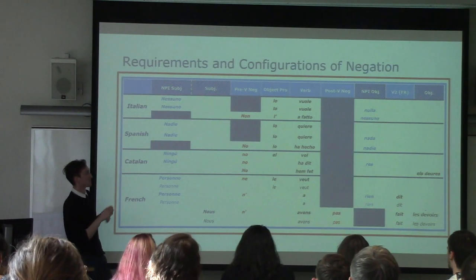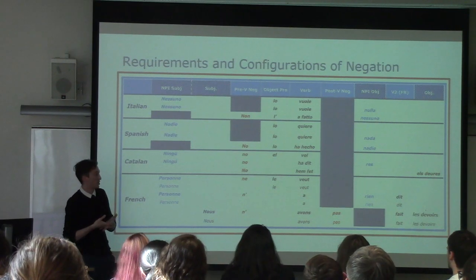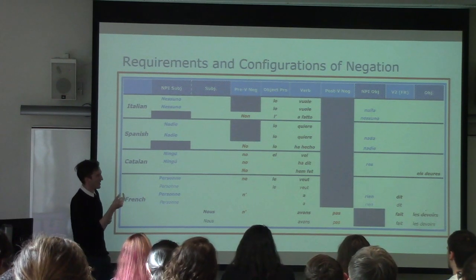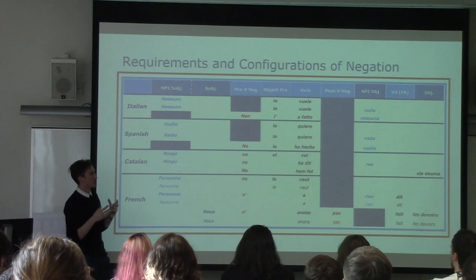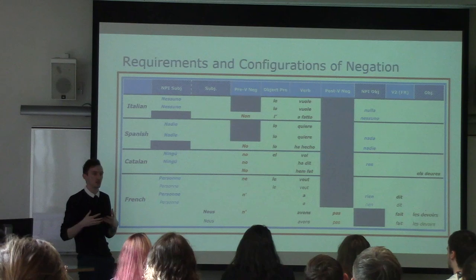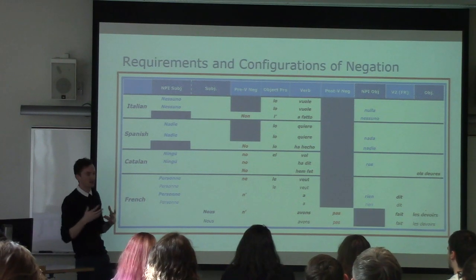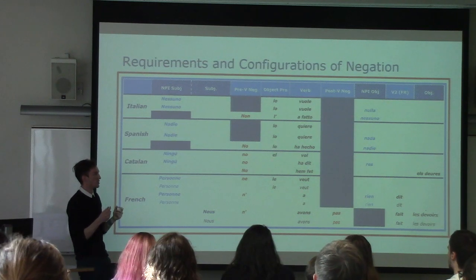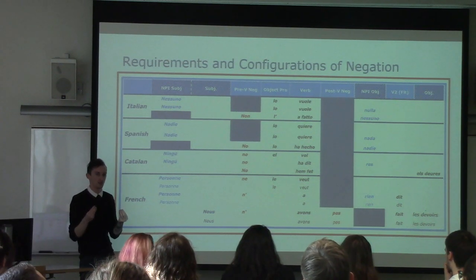Interestingly, Catalan, while it seems to pattern as a stage 1 of the Jespersen cycle, in that it doesn't express postverbal negation in conjunction with the preverbal negation, it seems to have some behaviors that suggest that it may be acting like a stage 2 language. Because, as I suggested earlier, stage 2 languages are characterized by the rigidity of their negation.